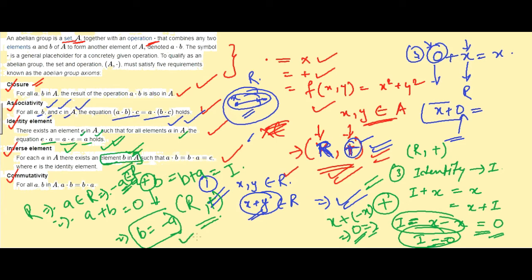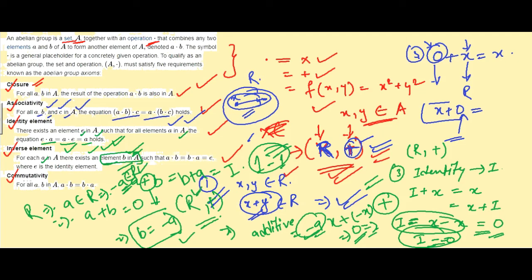If 1 is there, then minus 1 is also there in the real numbers, right? So we can say that the additive inverse will be minus A. It means that for any arbitrary element A, there exists minus A, the inverse element, in set A, or in set R in our case.